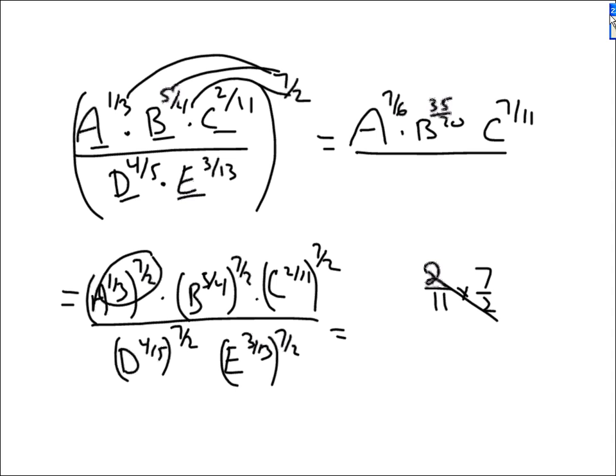In the bottom, 4/5 times 7/2 is 14/5, I guess. e, 21 over 26. Okay, just multiply.